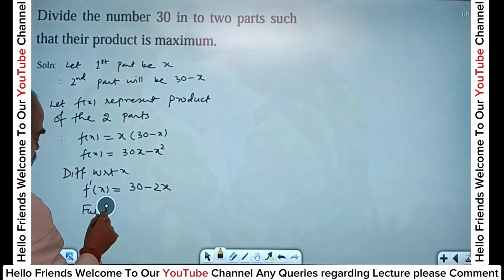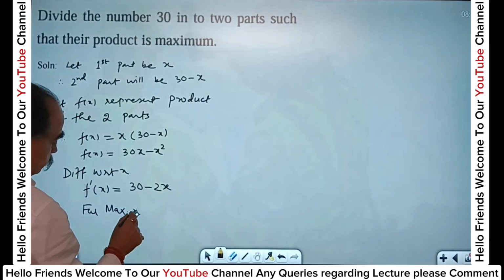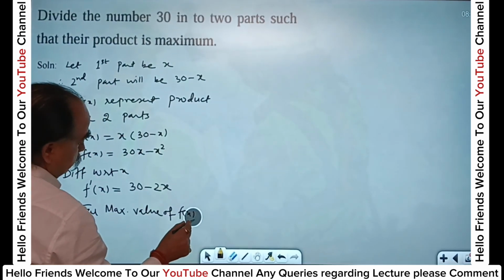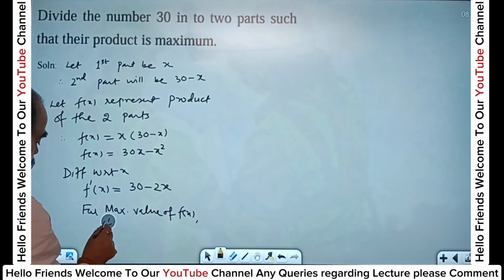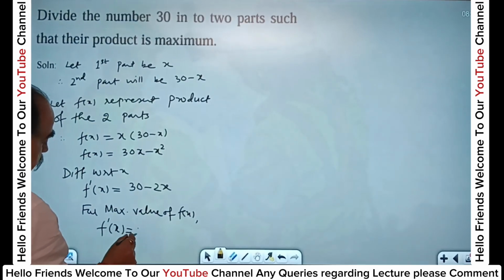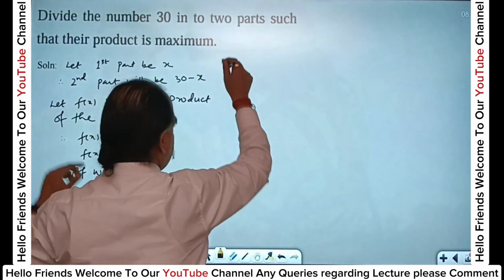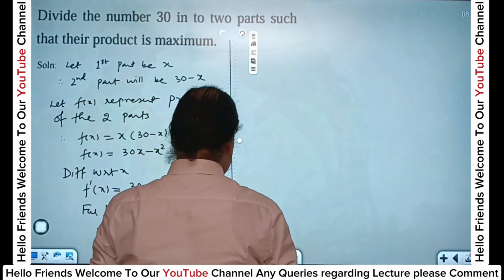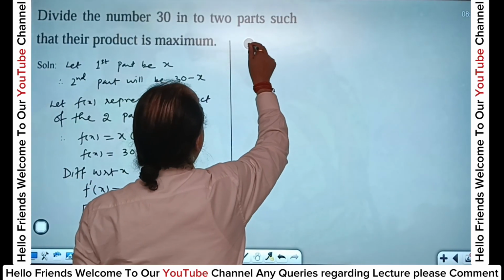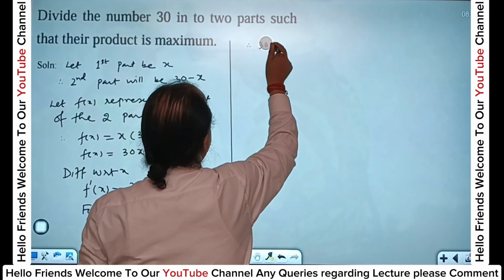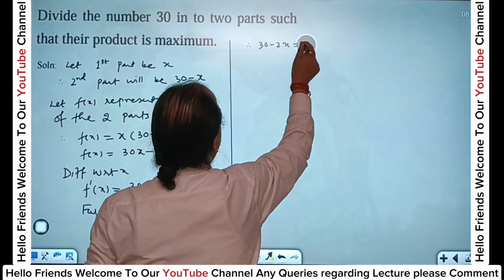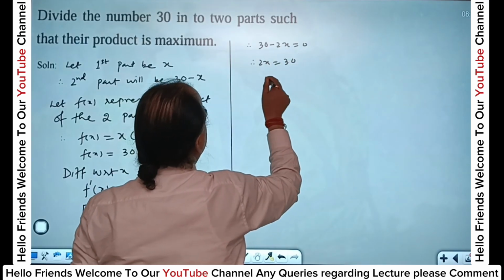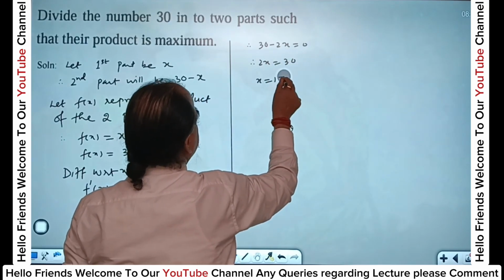For maximum value of f(x), f dash x is 0. Therefore, 30 minus 2x is 0. So 2x is 30, x is 15.